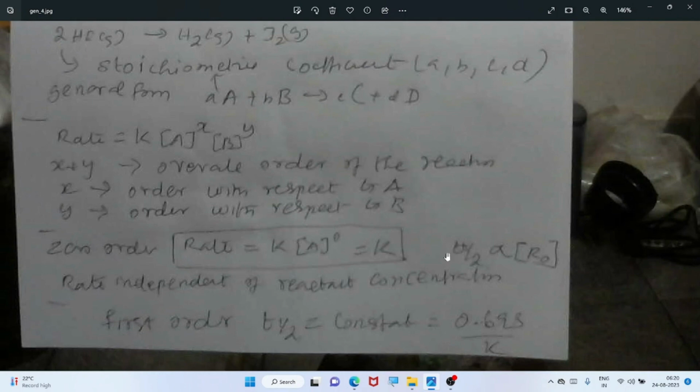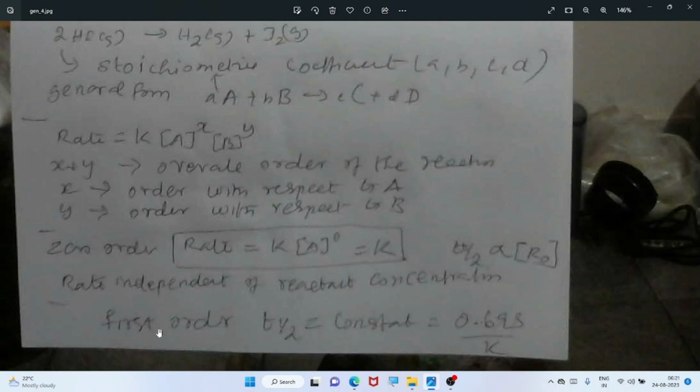So here, the half life, T half, of the zero order reaction is directly proportional to the concentration of the reactants.